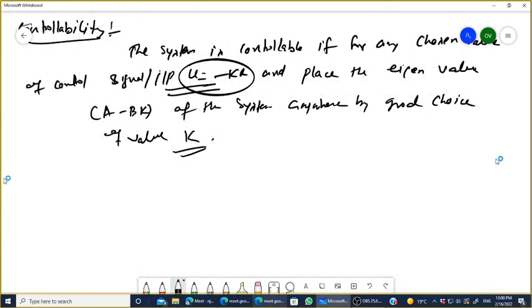If not clear, you can write controllability in another term also.